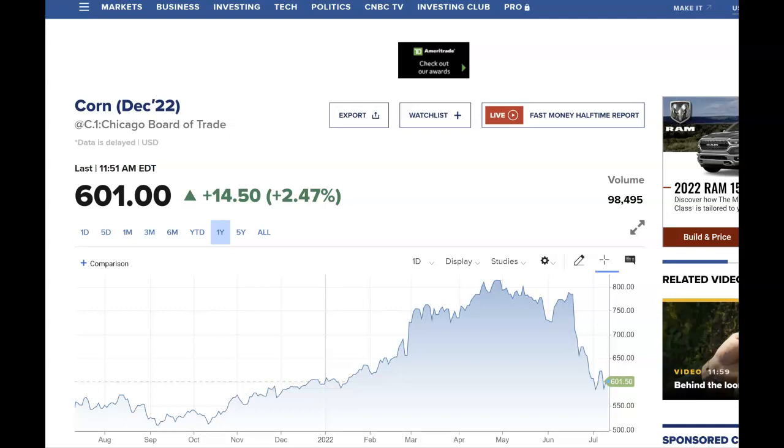So how can we gauge inflation expectations? Well, one kind of neat way is to look at the financial markets, because there are U.S. government treasuries, basically U.S. government bonds, that offer inflation protection. They're called TIPS, T-I-P-S, Treasury Inflation Protected Securities.